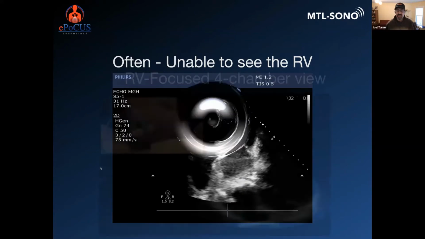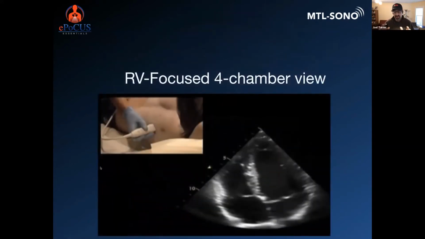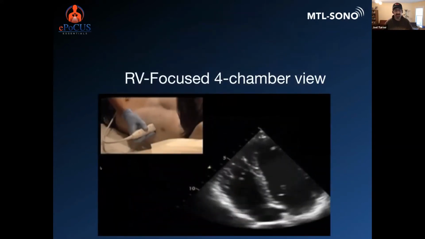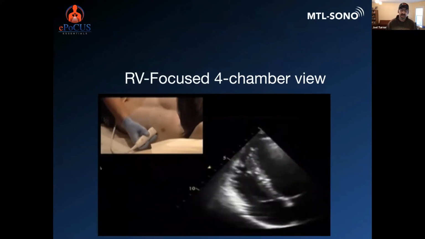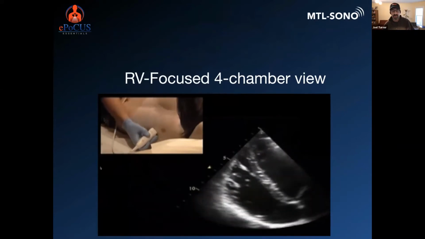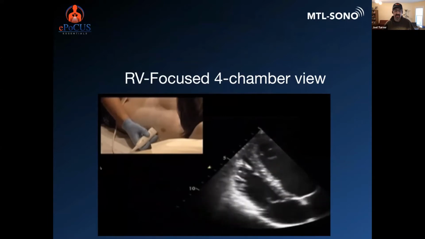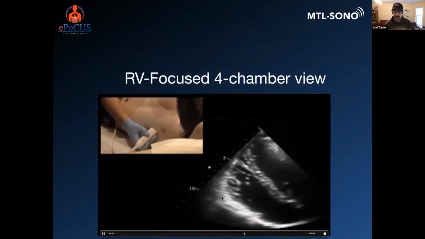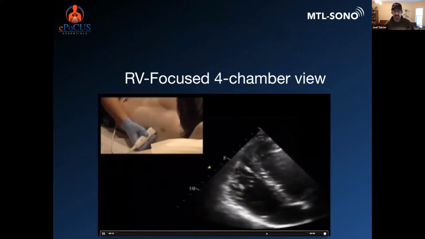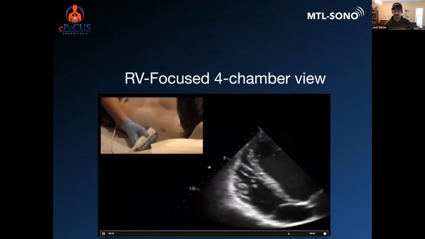So what I would say is the next step is that once you've assessed your LV, now focus on the RV, and that is by sliding your probe a little bit more laterally, rotating slightly and aiming up back towards the right shoulder. And what you're going to obtain is what's called an RV-focused four-chamber view.